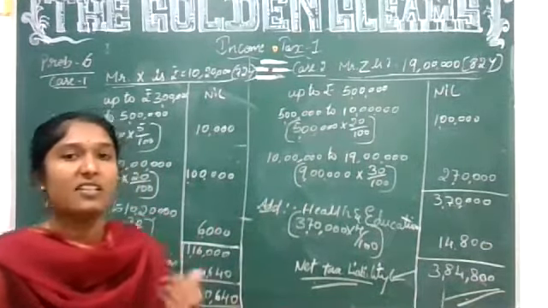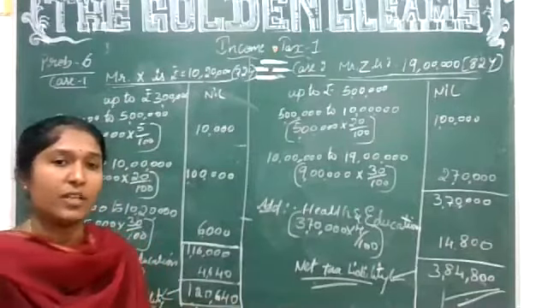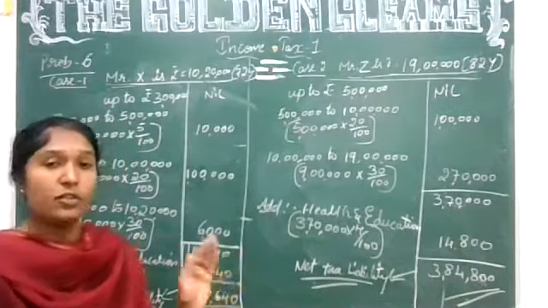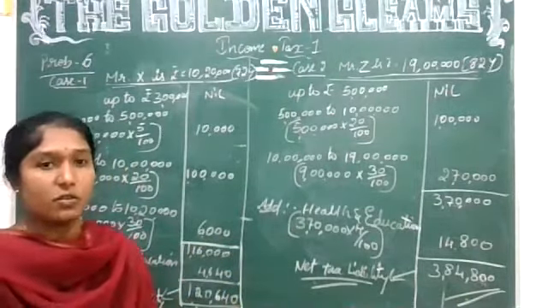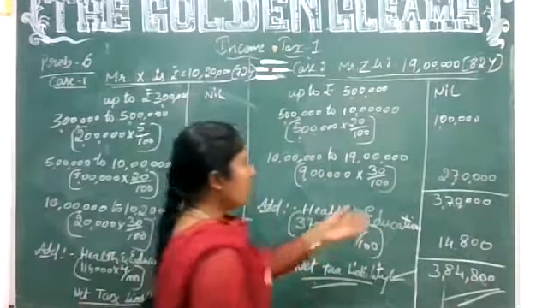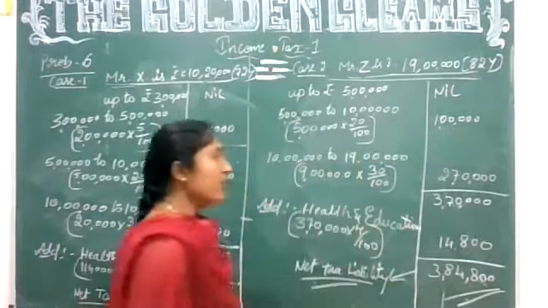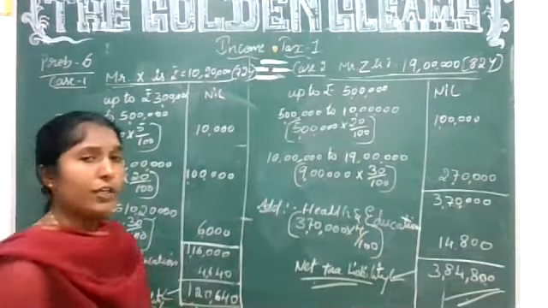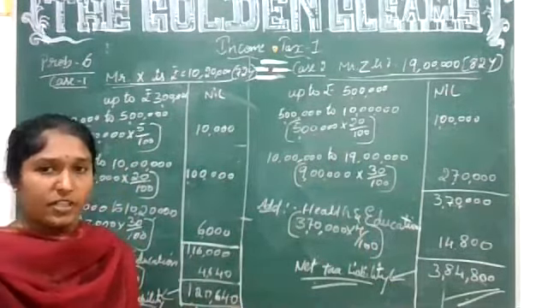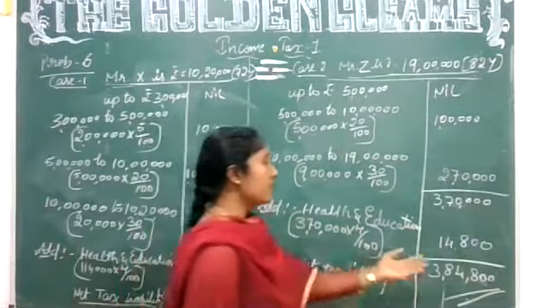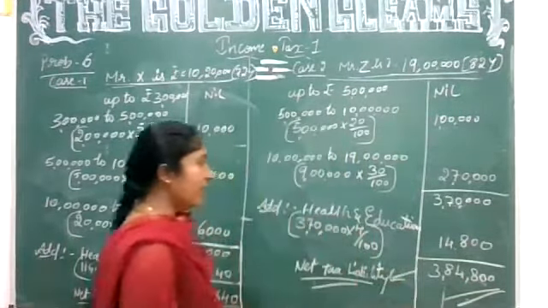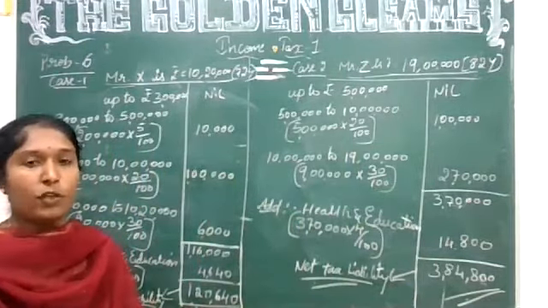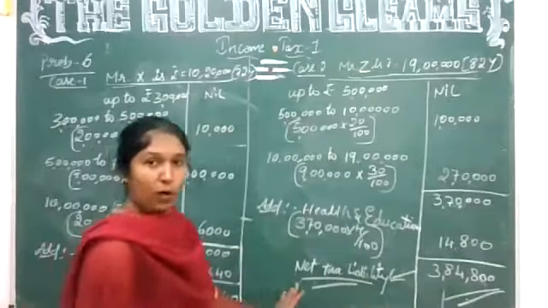The next one is 10 lakh to 19 lakh, we calculate 30%: 9 lakh into 30 divided by 100 is 2,70,000. We add these, the total income is 3,70,000. Next we add the health and education cess, the answer is 14,800. The total net tax liability is 3,84,800. This is the problem.